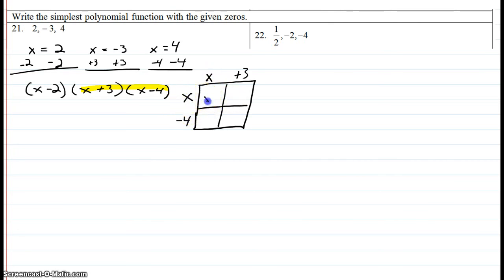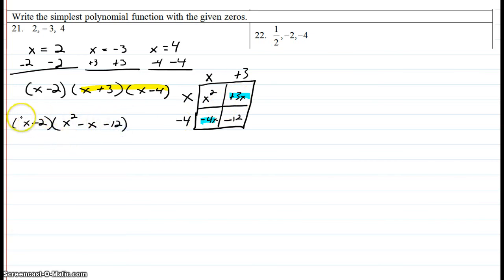X times x is x squared, plus 3x, minus 4x, and a negative 4 times 3 is a negative 12. And so these like terms will combine. And so now this is going to become x minus 2, and then x squared, and then the negative 4 plus 3 gives us negative 1x minus 12.